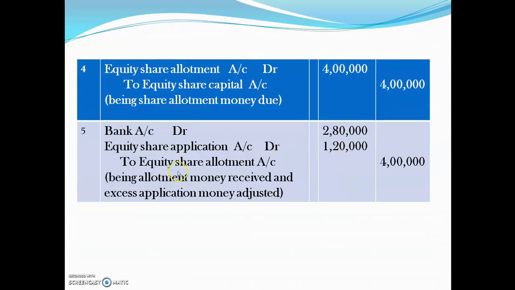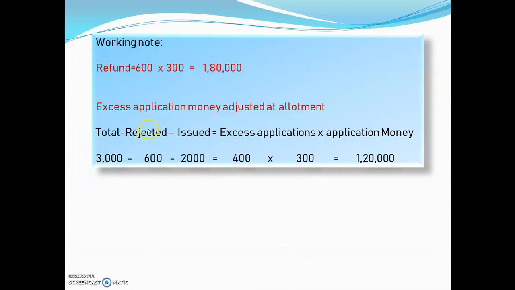After that write this amount in the debit column, that is 1,20,000. Equity share application account debit 1,20,000. After that the balance, the difference of these two, will be transferred here, that is 2,80,000 to bank account. In debit column 2,80,000. Okay, being allotment money received and excess application money adjusted. So this is the combined entry here.